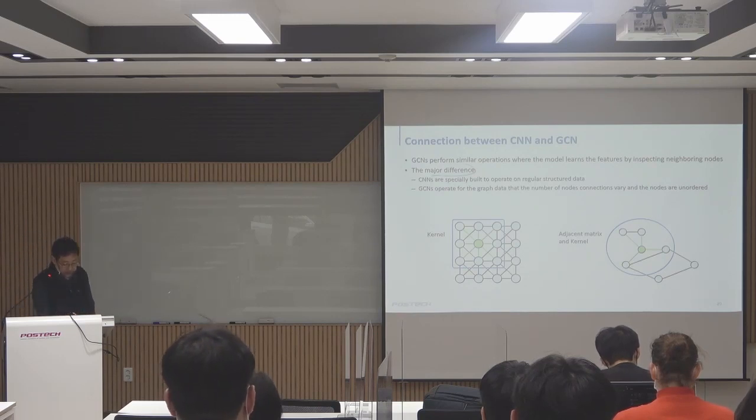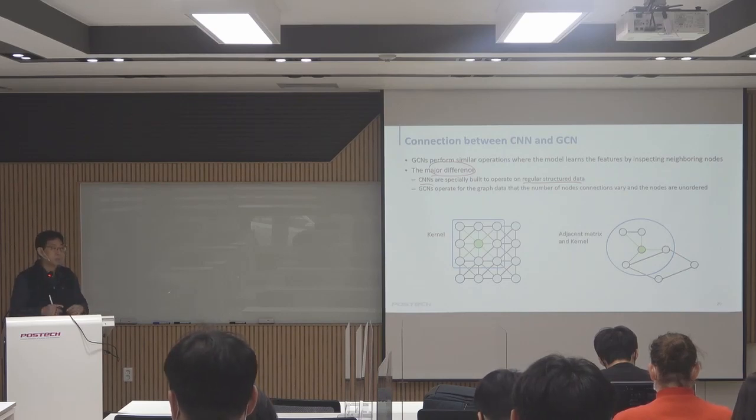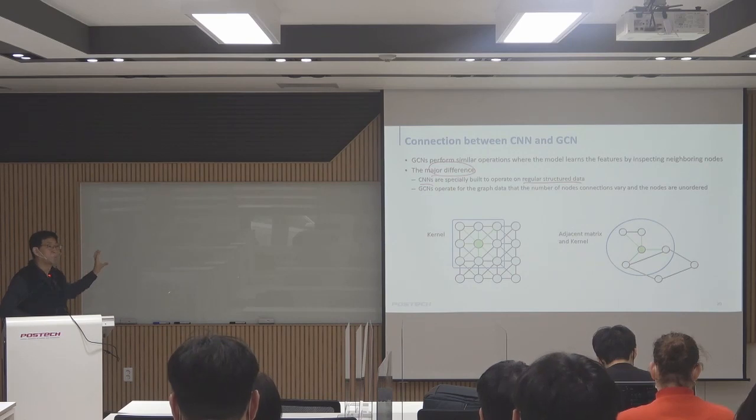The major difference from CNN is that all the data is in structured, regular structures. You can think of it as a grid of pixels in images. So we define kernels and we do convolutional operations over the images.